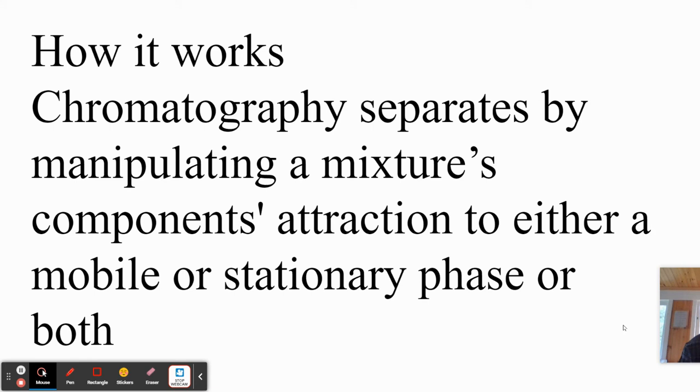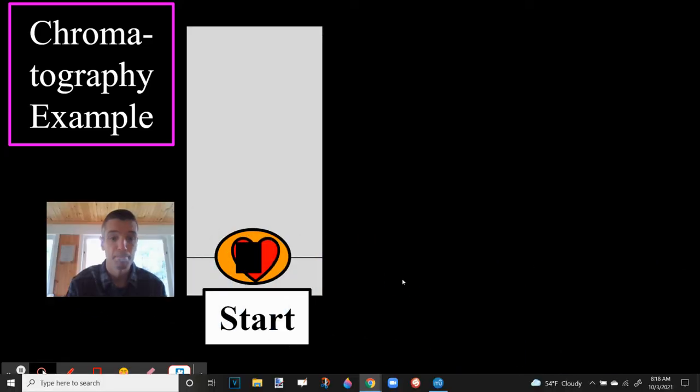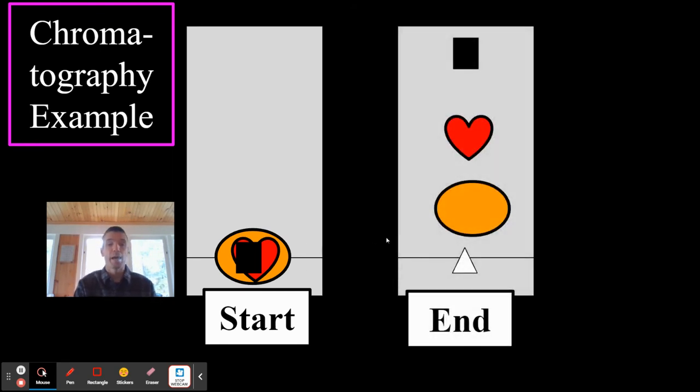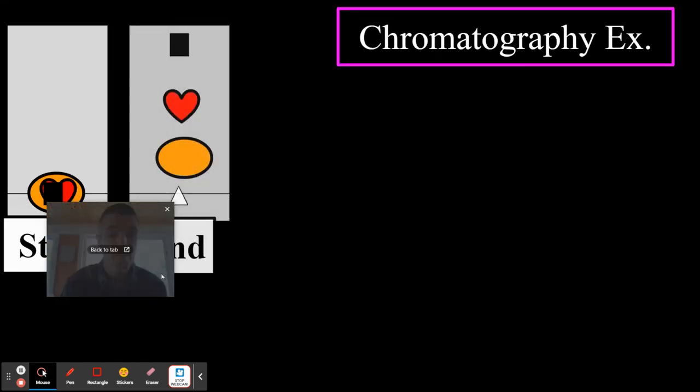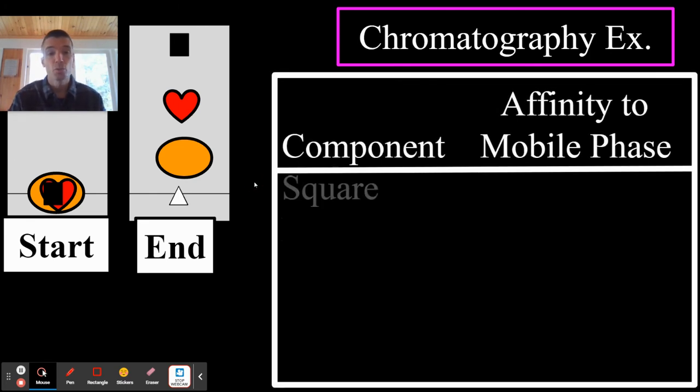So here is how it works. Now I've been using the word affinity, and affinity is kind of like an attraction. So we have this sample and we run it through and you get this separation. So what does this mean? What are things drawn to in this scenario? Well, the square component has a high affinity towards the mobile phase.